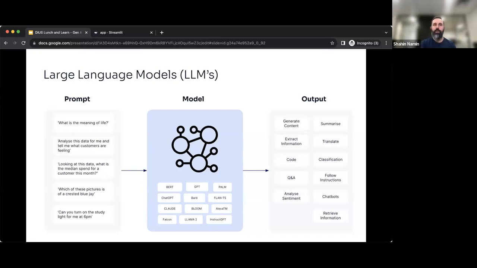What is important here is that with adaptation of these models, you can get them to do some specific tasks for you. And usually the natural language processing tasks are well suited for large language models.